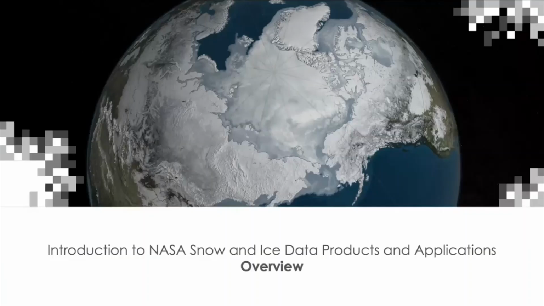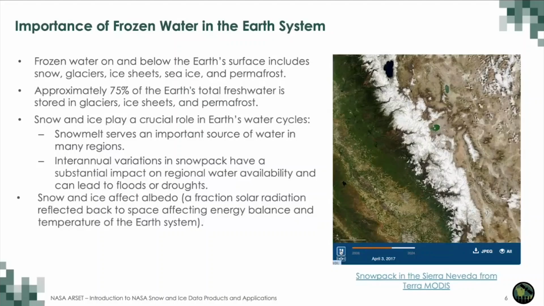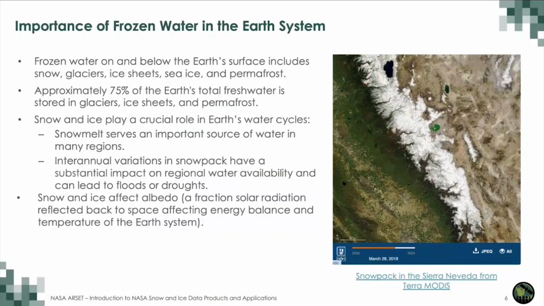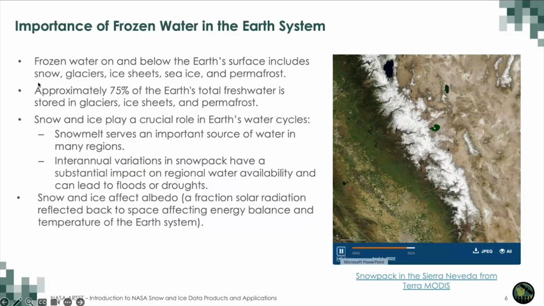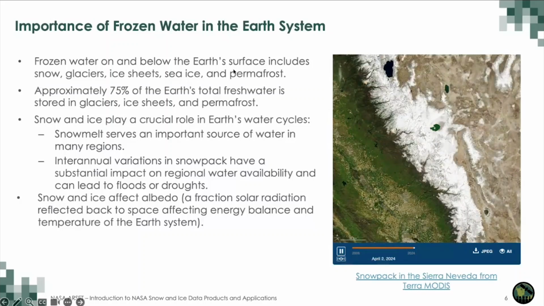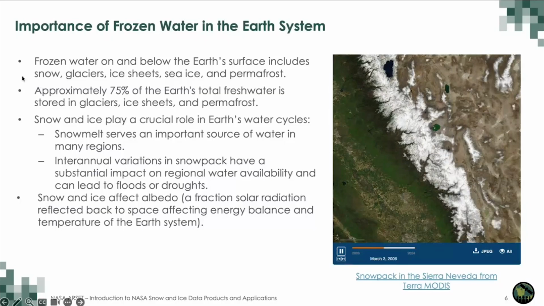We'll start with a brief overview of this training. It's Introduction to NASA Snow and Ice Data Products and Applications. So why do we want to learn about snow and ice products? Because frozen water in the Earth system is quite important. Frozen water on and below the Earth's surface includes snow, glaciers, ice sheets, sea ice, and permafrost.